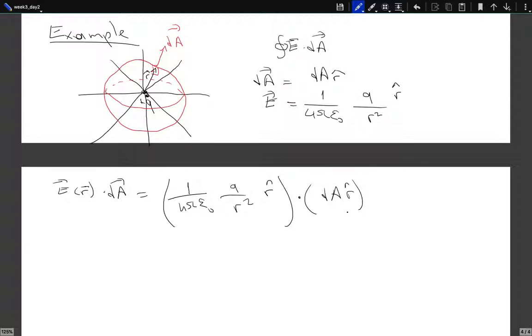Well, it's just the product of these coefficients, then r hat scalar product with r hat: 1 over 4 pi epsilon 0, q over r squared, times dA, r hat dot r hat. Well, what is the scalar product? Well, this is the r hat. It's not the r vector.